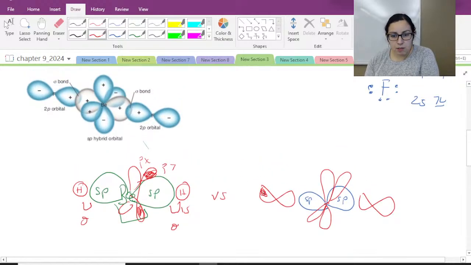They would be in phase, so now they have to be in phase with this.